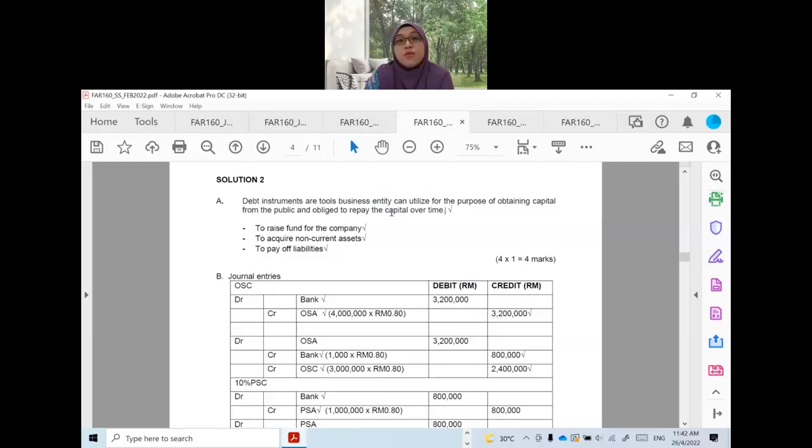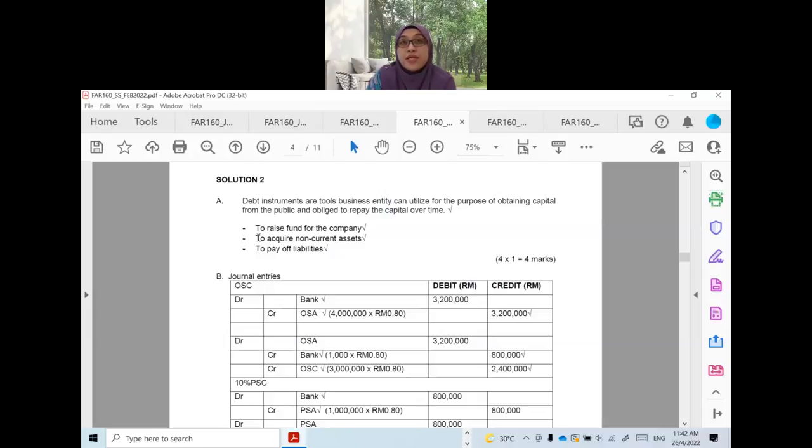Yes. One of them is to raise fund for the company. And if the company cannot afford it through the equity method, they have to borrow. That is another alternative. From the loan that they receive, they can buy non-current assets.